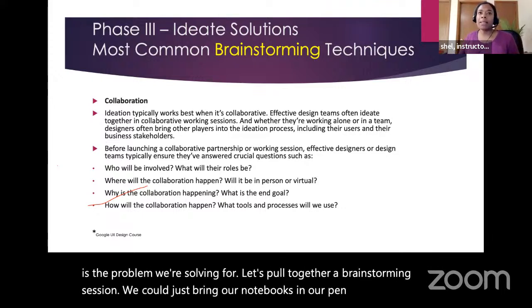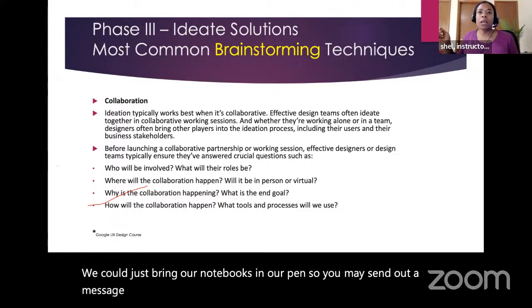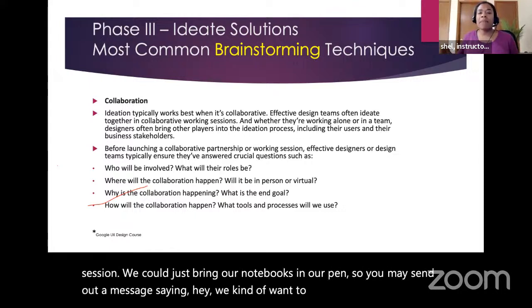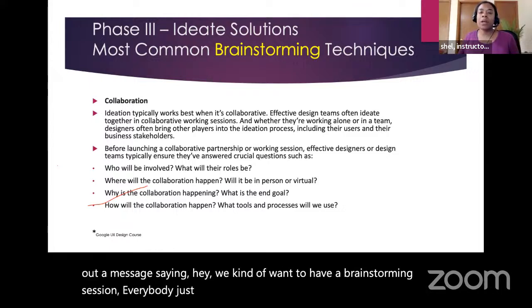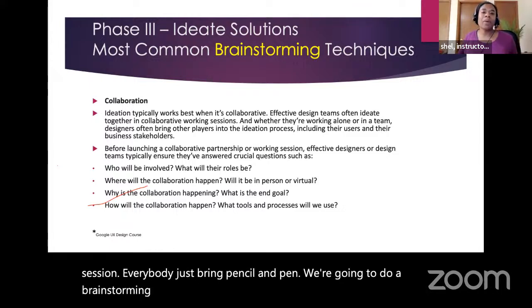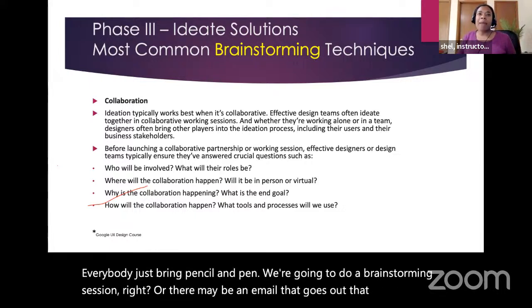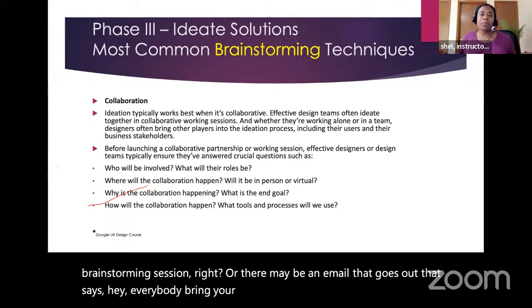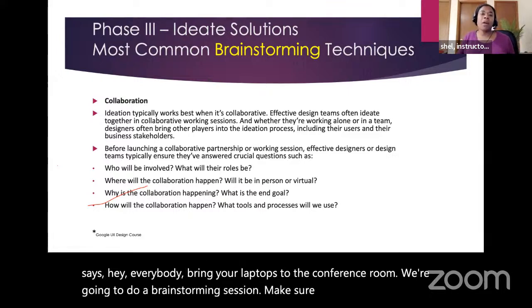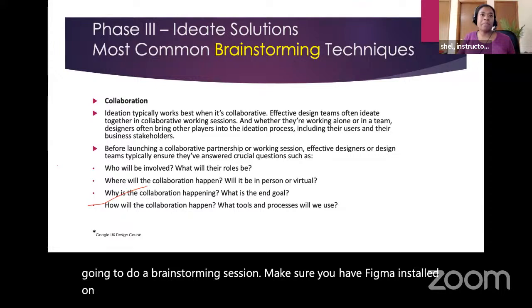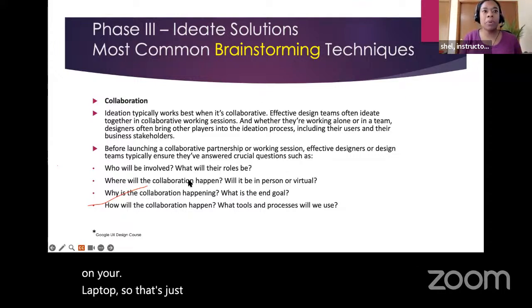So you may send out a message saying, hey, we want to have a brainstorming session, everybody just bring pencil and pen. Or there may be an email that goes out that says, hey, everybody, bring your laptops to the conference room. We're going to do a brainstorming session. Make sure you have Figma installed on your laptop. That's an example of how that looks.